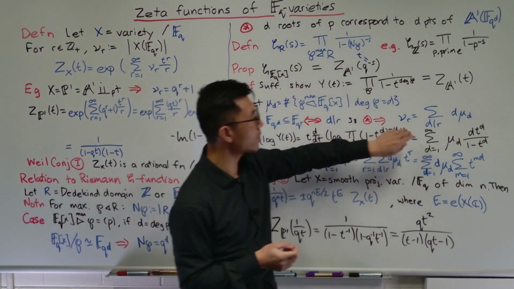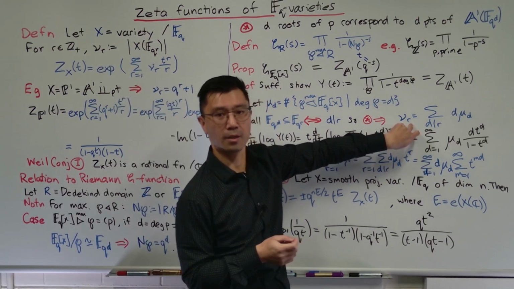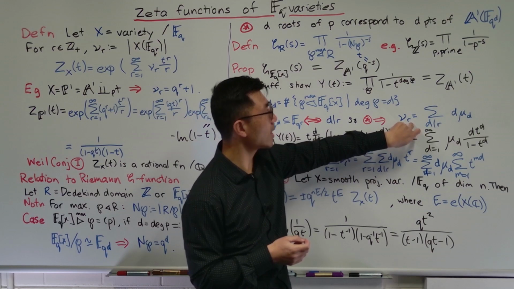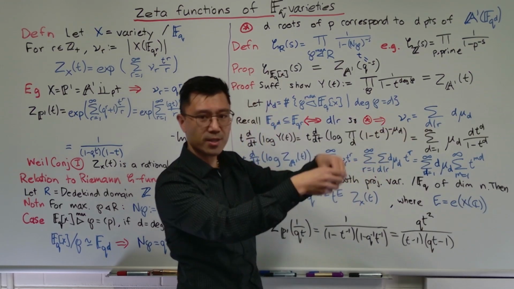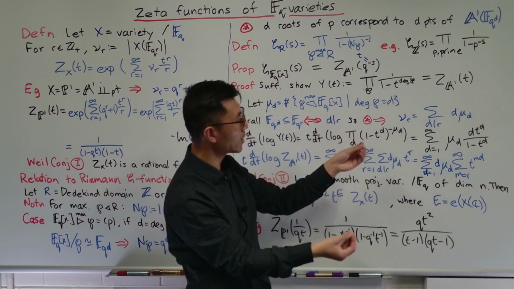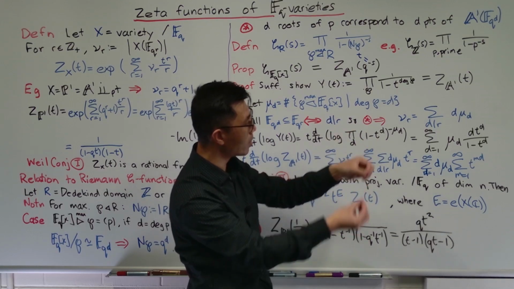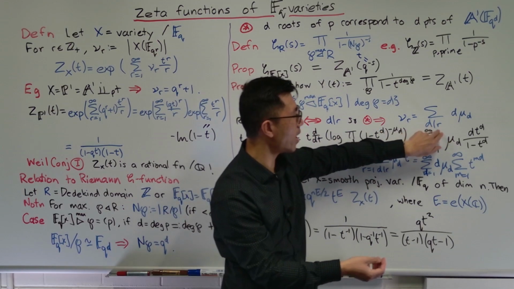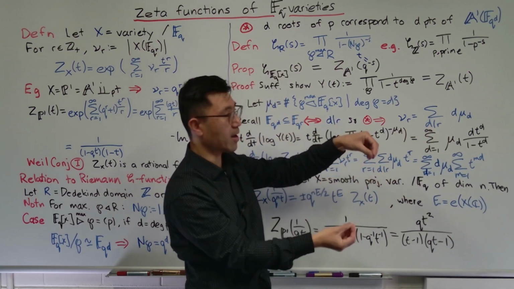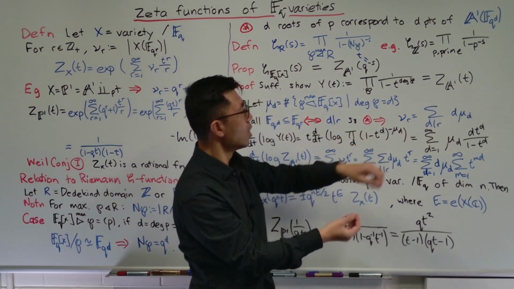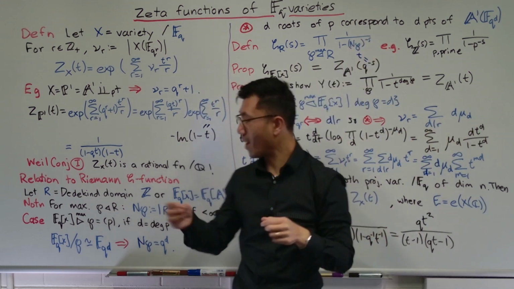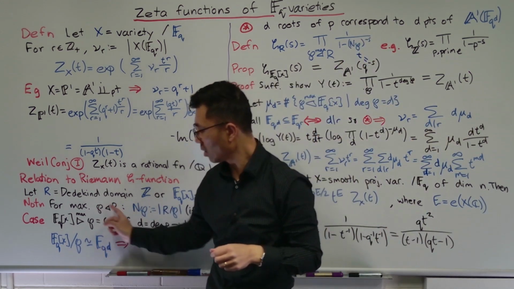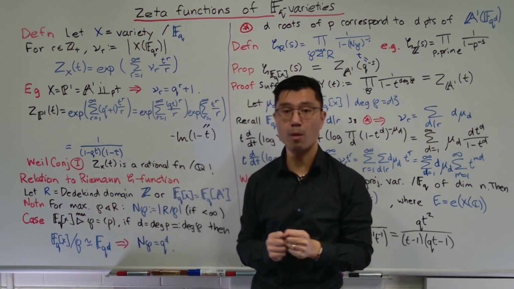So when you want to work out the number of points over nu_r, okay, what can you do? You can kind of collect them together. All the ones which have the same minimal polynomial, okay, so maybe that minimal polynomial has degree d, and that d will divide r, you collect them all together, and there'll be d of them, okay? So those d will correspond to a single maximal ideal, okay, given by that minimal polynomial.